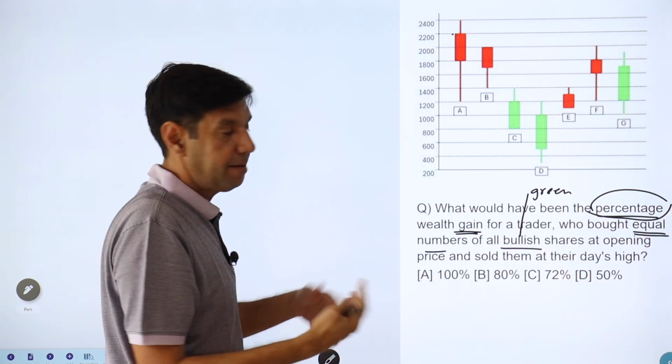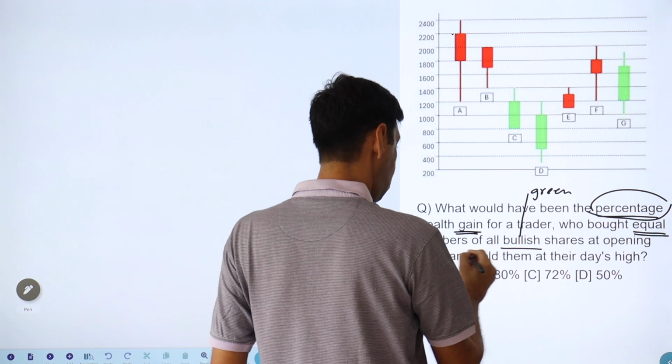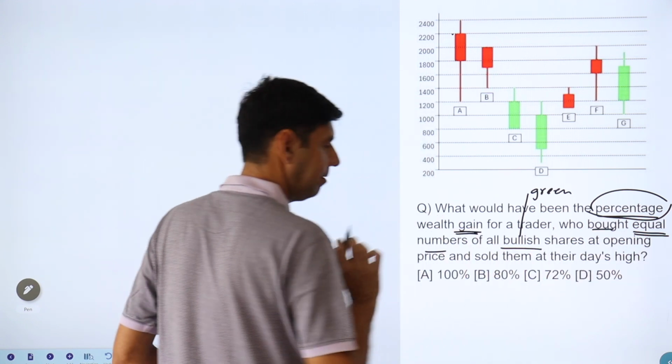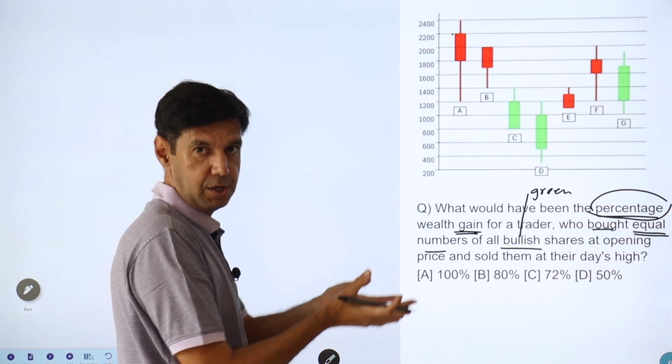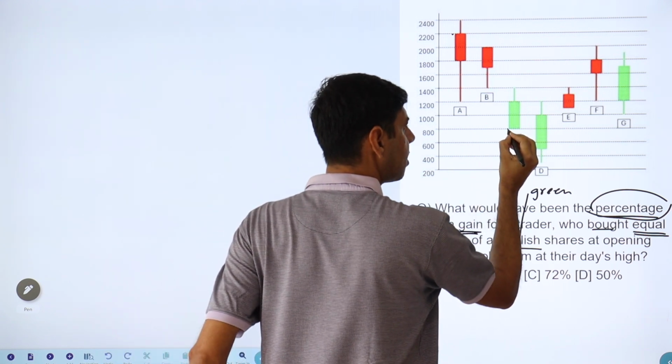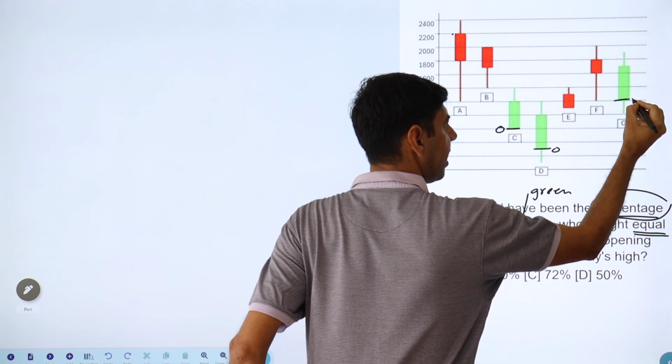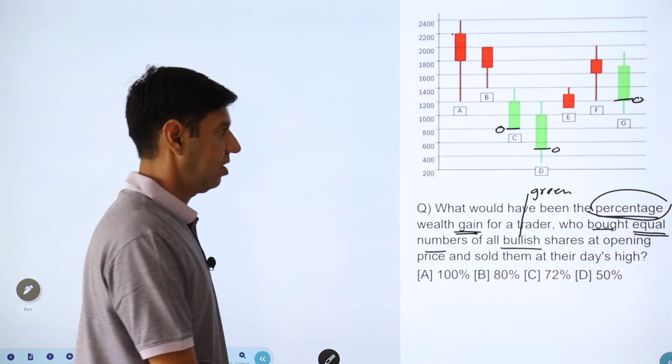But at what price did I buy and sell? I bought them at the opening price. Bullish, they go up, so the open is the bottom of the box. So this is the open here, open here. You could take help of the legend if you are not clear about it.